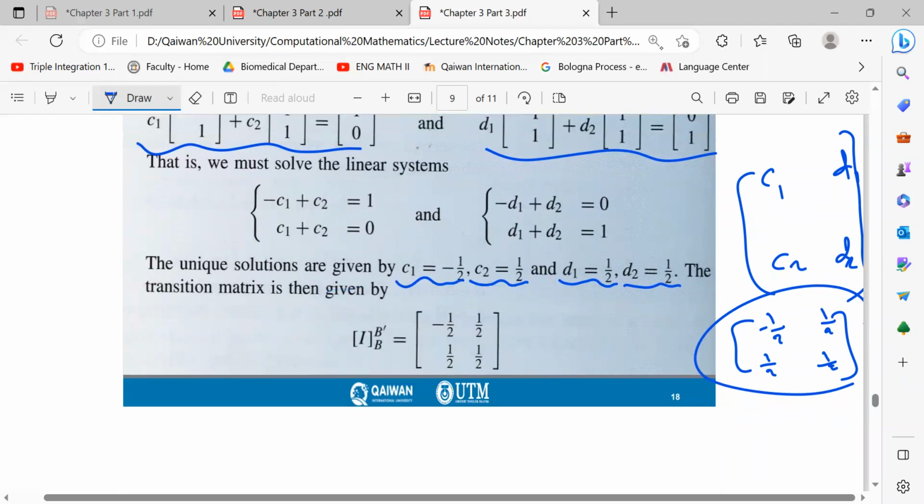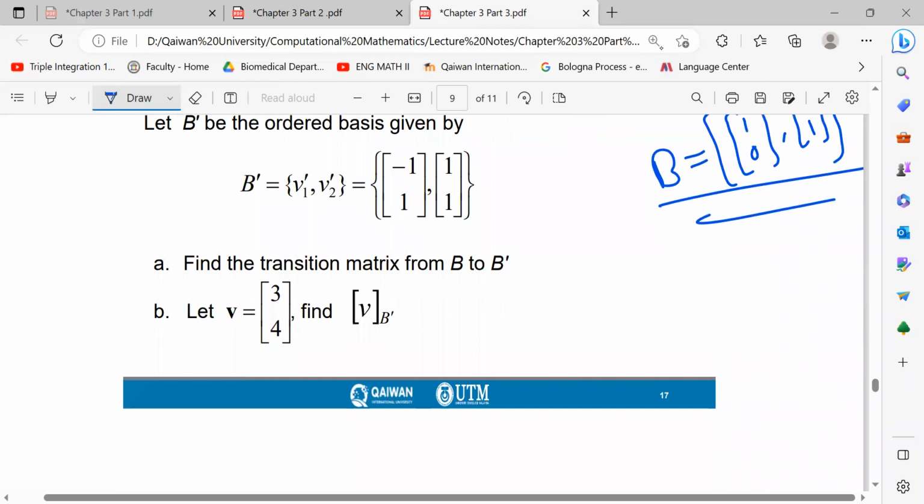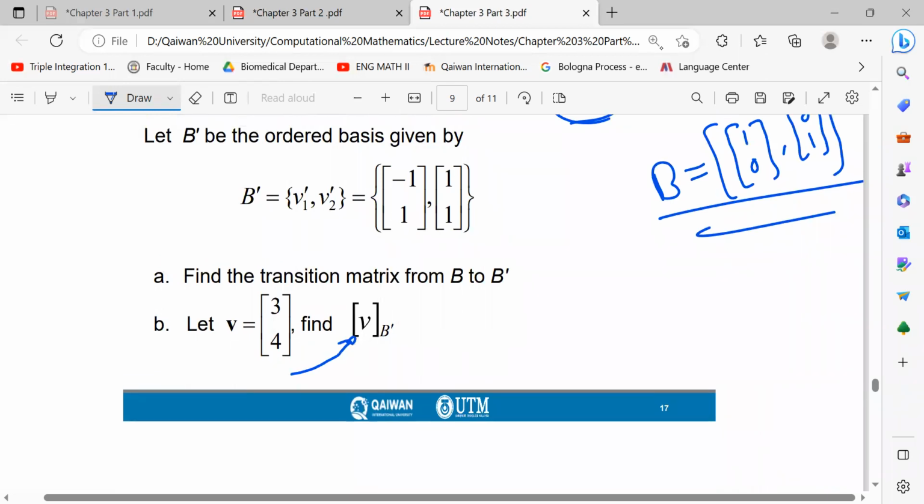Now, we have the transition matrix, and we need to find the coordinates of V relative to B dash.